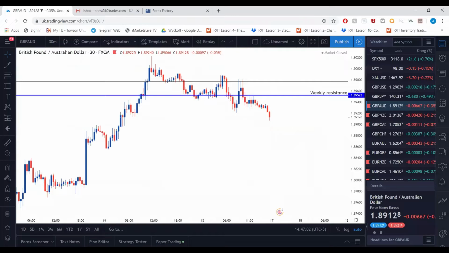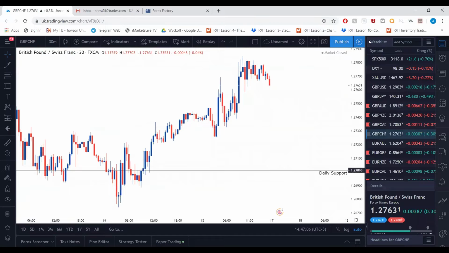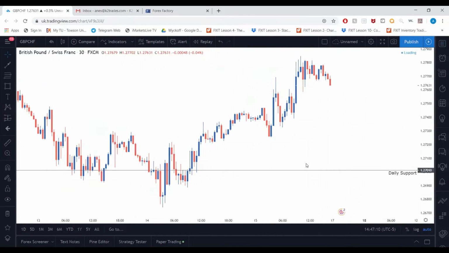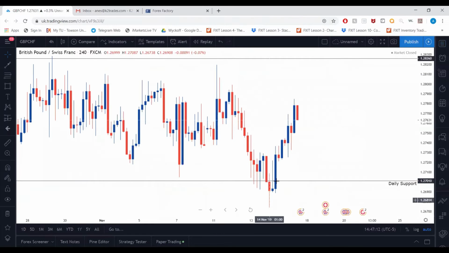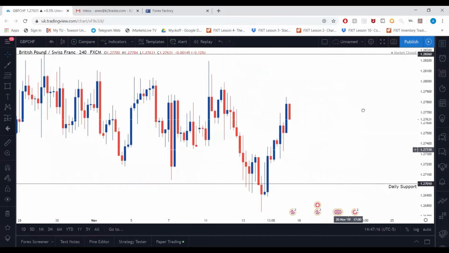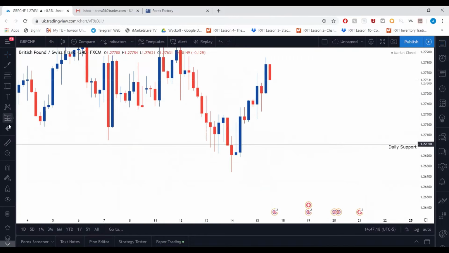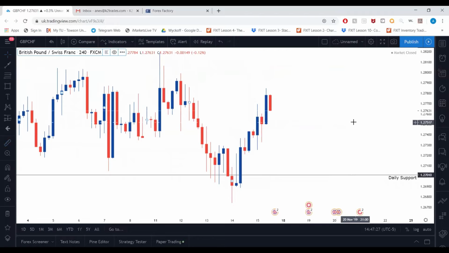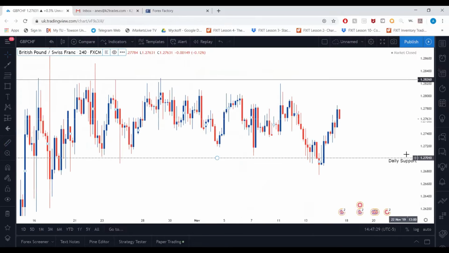Next was GBP CHF. Let's go. This we analyzed on Wednesday for those who remember and who were on. It respected this zone. It had a wild spike down through it for about 27 pips, but then it came back up and closed above.